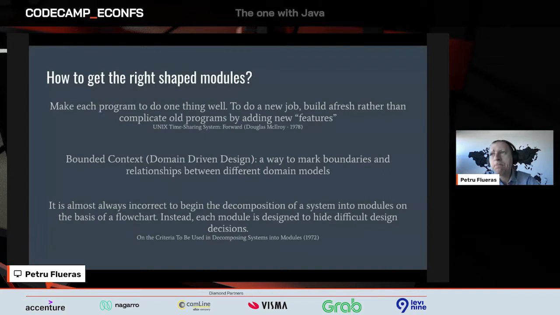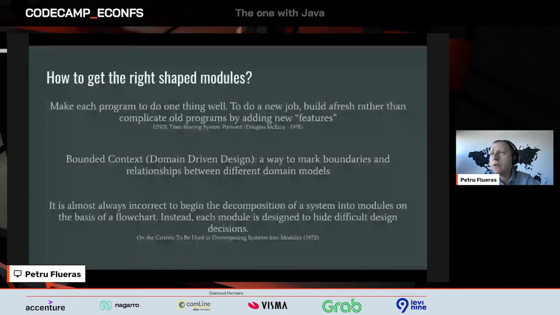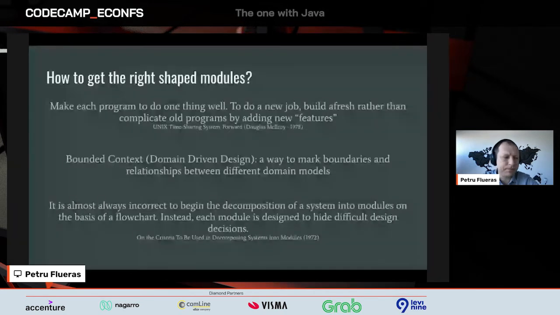But then, okay, so we have modules. We continue our journey with the product. But how do we get the shapes of the modules correctly? How do we get the boundaries correctly? And once again, we have a lot of history.